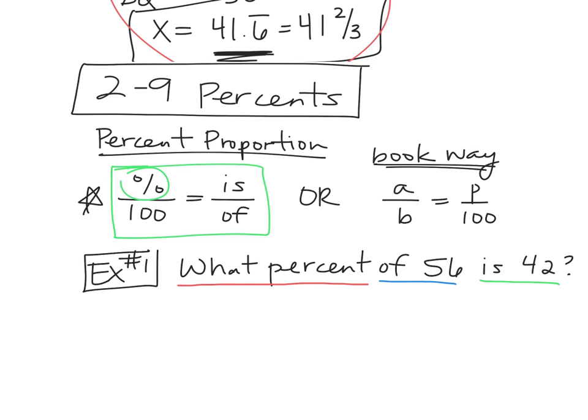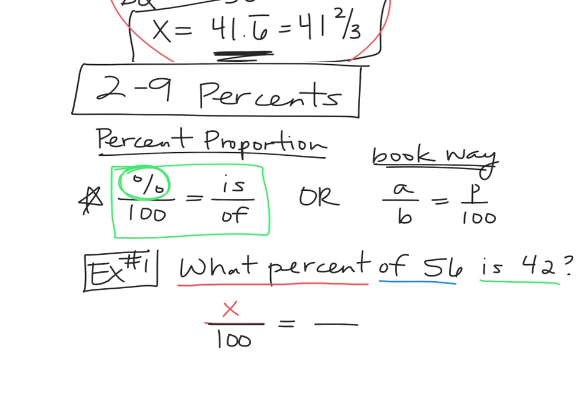percent right now is what? The percent is what, right? We don't know the percent. It says what percent. So that's our unknown. So we're just going to call that X, and then it's going to be over 100 equals, and then it's is over of.